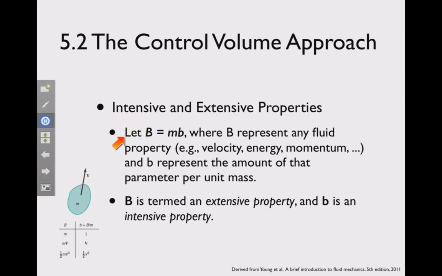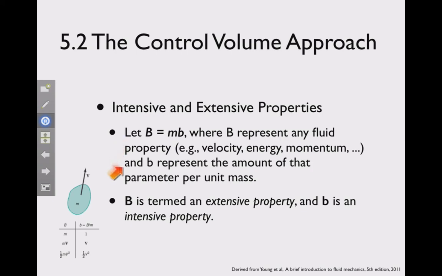So we're going to define a variable capital B. And capital B is going to be defined to be the mass times little b. Whatever b is, it's going to be some property representing our fluid, a fluid property. Maybe it's momentum or energy.